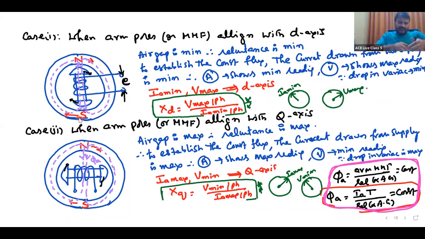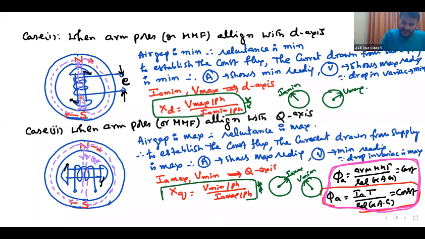In this first case, all armature flux lines are passing inside of the coil, so flux linkage is maximum.